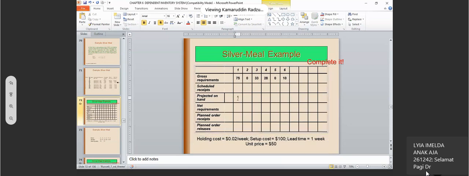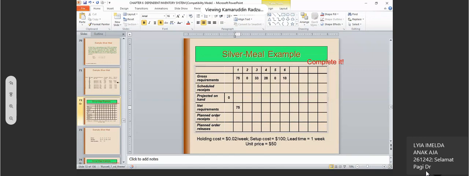To start analyzing the order quantity under the Silver-Meal, we assume that we don't have any projected on-hand inventory. So we need to determine the order quantity for period 1. Here we have 75.